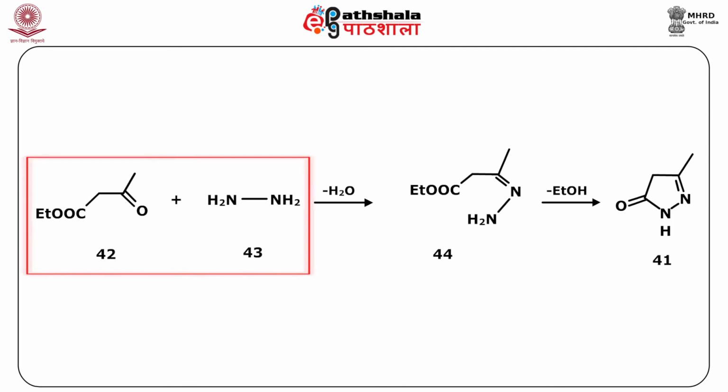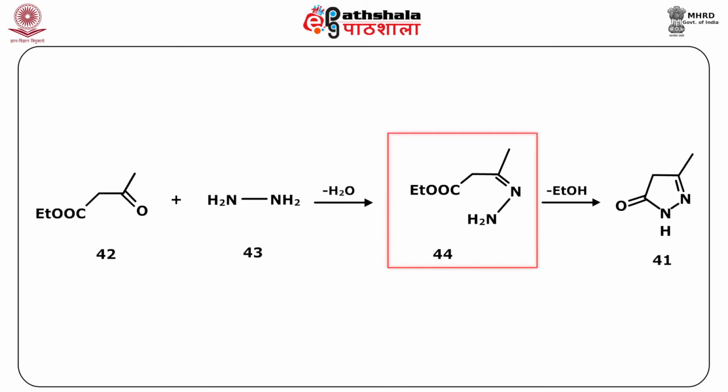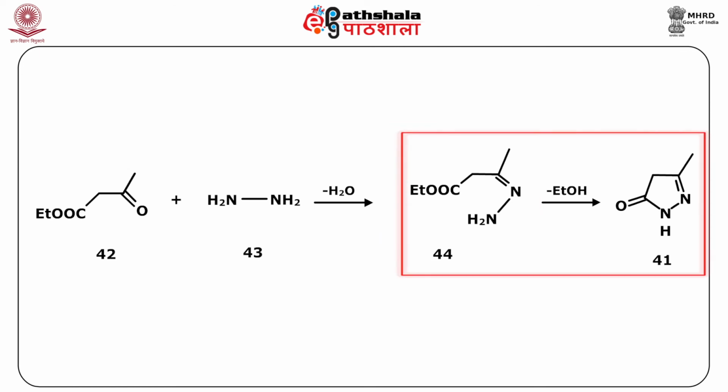Ethyl 3-oxobutanoate reacts with hydrazine 43 to give 44, eliminating a water molecule. In step 2, the compound 44 then cyclizes to give 5-methyl-2,4-dihydro-3H-pyrazol-3-one, represented by the structure 41.